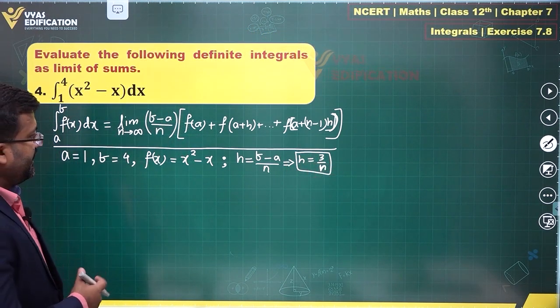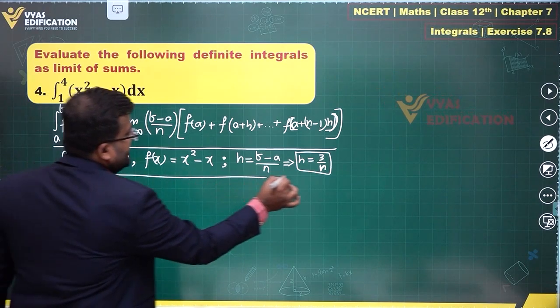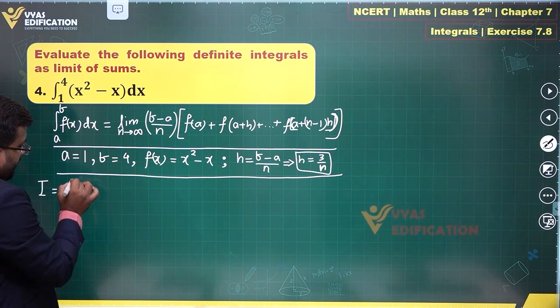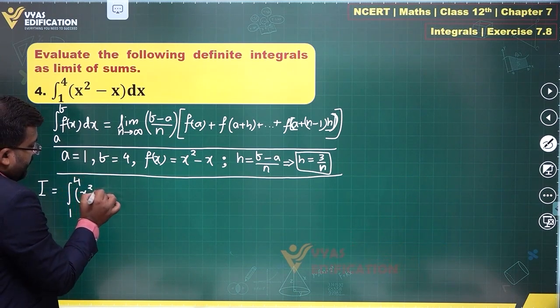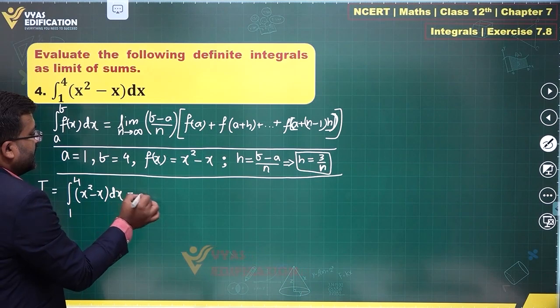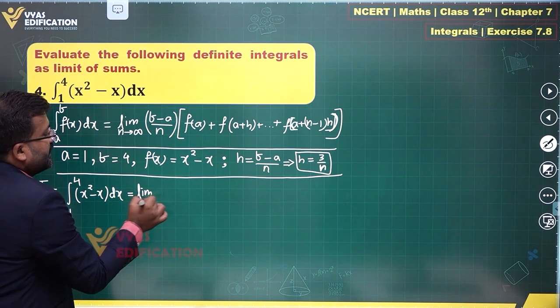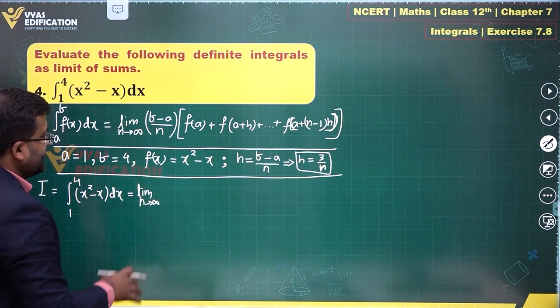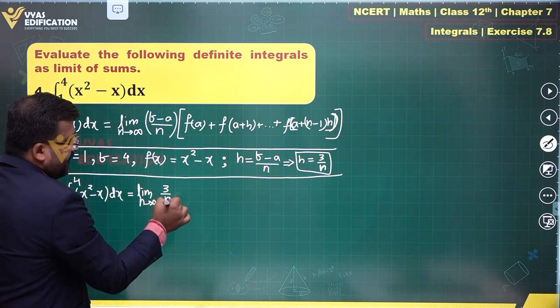Okay, now once you are aware of this much, this integral I, which is the integral from 1 to 4 of x square minus x dx, can be written as limit n tends to infinity, (b minus a) upon n, which is 3 by n.